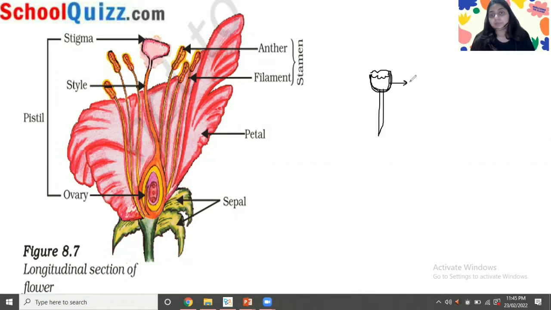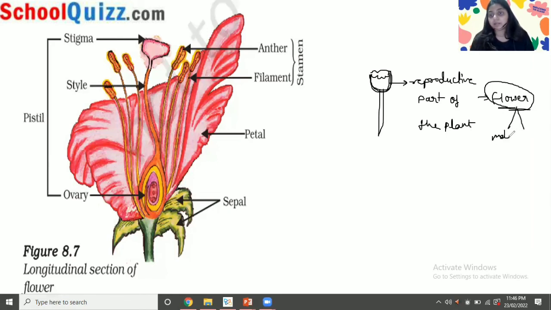The flower is the reproductive part of the plant, because all the reproduction in a plant happens in the flower. In the flower we have the male reproductive parts and also the female parts.